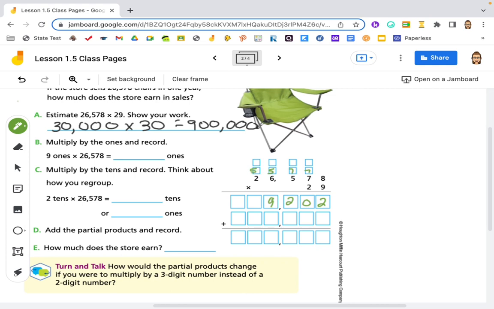And then 9 times 2 is 18 plus 5, which is 23. So we get 239,202 ones.